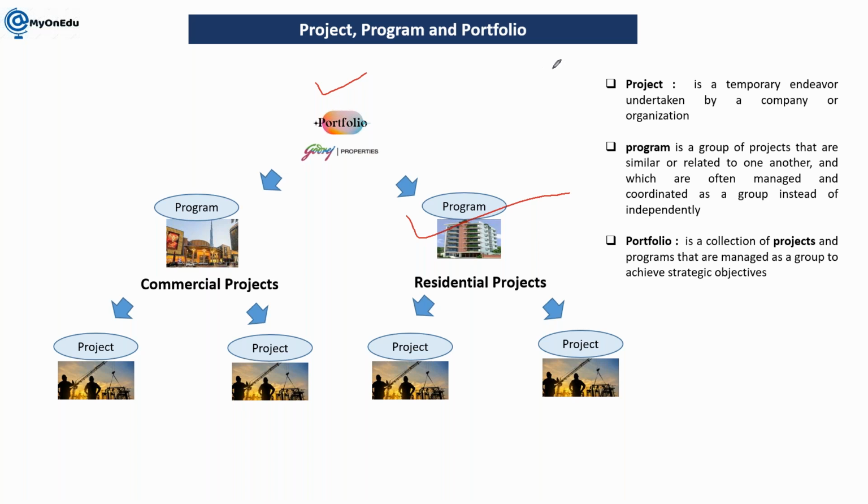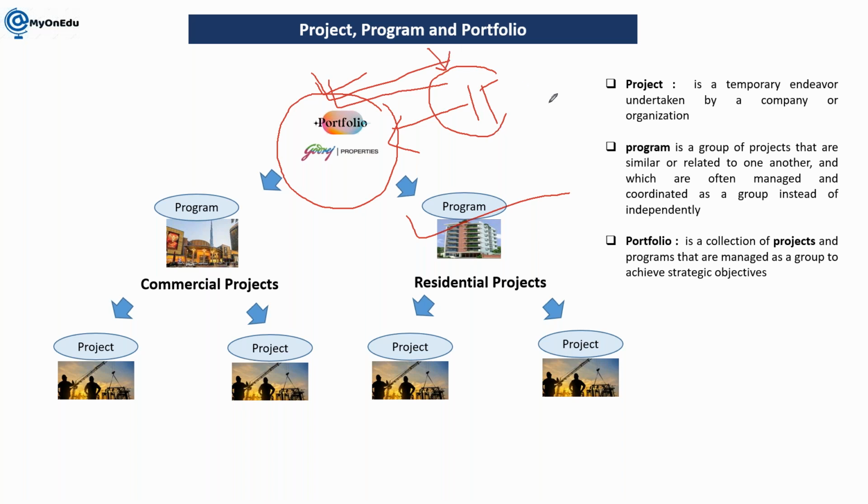So a portfolio focuses on one particular business line. When I say Godrej Properties, this company will focus on real estate projects only. If they get a project to implement an IT project, they will not do it because it's not as per their objectives, or it's not part of the same portfolio. For IT projects we will have another portfolio, because the nature of the project or business line is different.